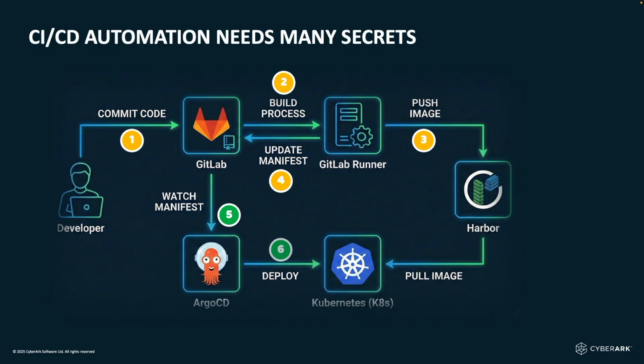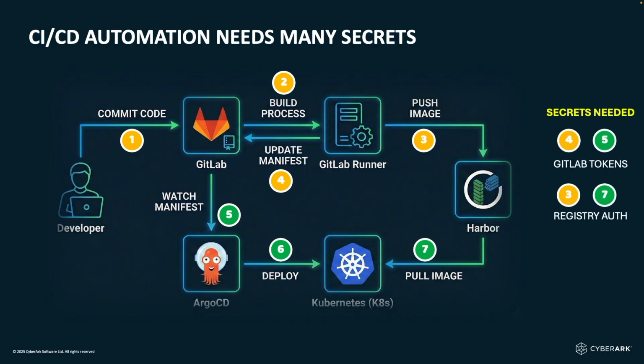And in terms of the deployment, the Kubernetes environment needs to pull the new image from Harbor, so it also needs authentication to access Harbor and get the new image for the deployment. So you can see here, in my simple workflow, we need at least a few secrets from both Harbor and GitLab as well.